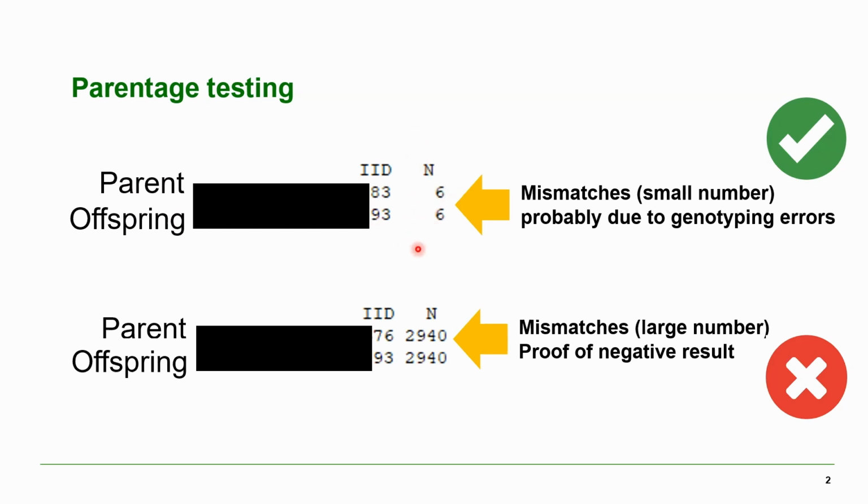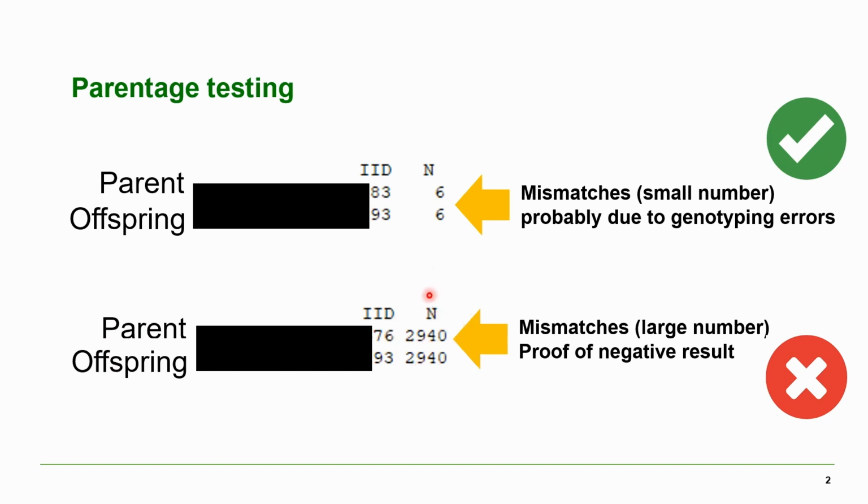Even in the true parent-offspring pairs, because we have so many SNPs that we are checking on, there will be a few that might appear as inconsistent, but this is generally a low number, let's say below 20 or below 50. In cases when there is a supposed parent and offspring combination, but they are not a true parent and offspring, we will see many more Mendelian inconsistencies.